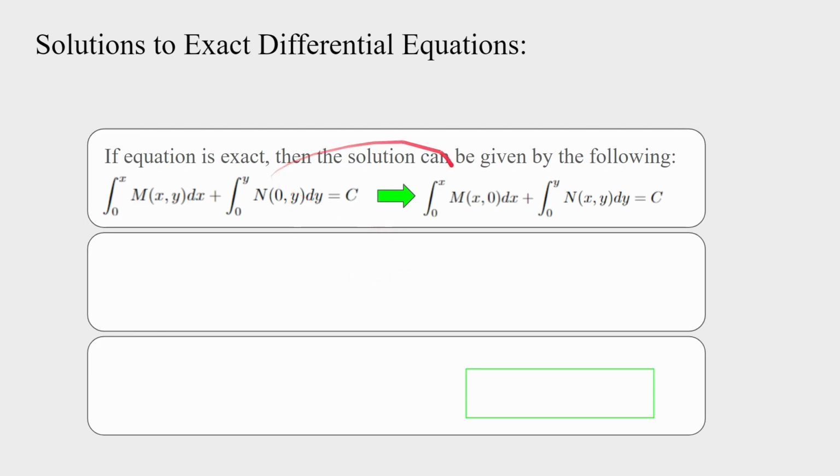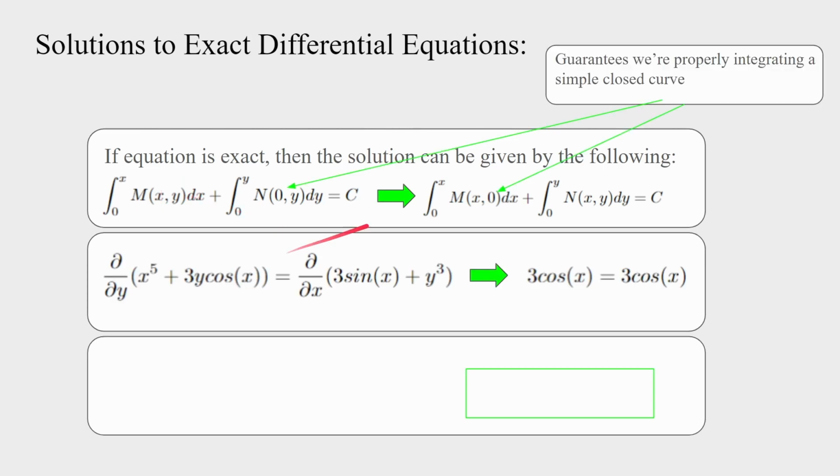And this is actually equivalent to doing the same with this bit, but instead of x being 0, it's y being 0. The reason we do that guarantees we're properly integrating a simple closed curve. It's got to do with planes. This isn't really much of a theory course, obviously, I'm just teaching you how to solve these, but think about a plane if you've taken multivariable calculus.